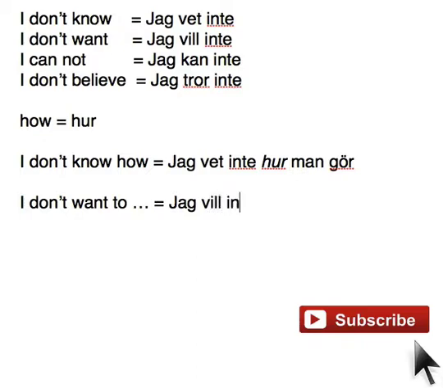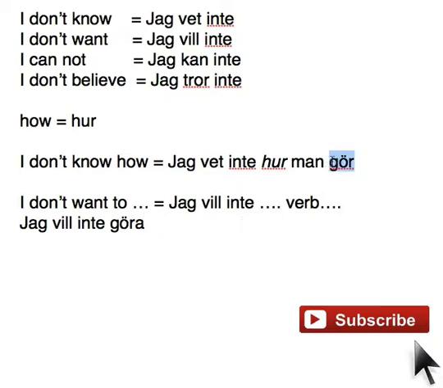Jag vill inte, and then you add the verb, right? So it will be something like this: jag vill inte göra. All right, so göra is to do, just as we had here.